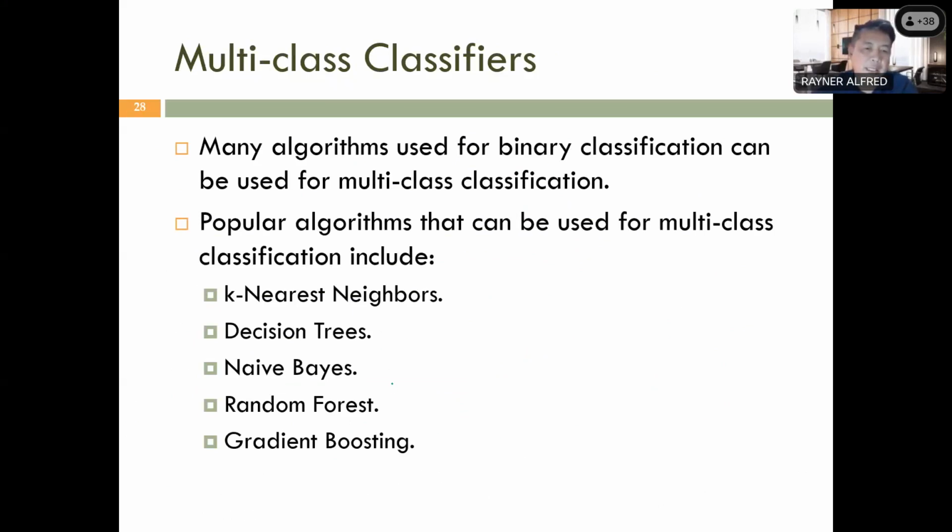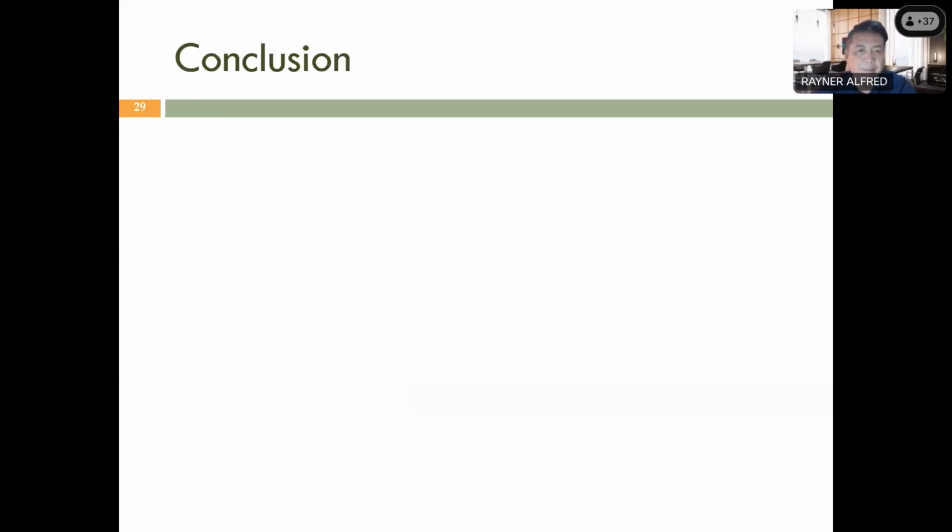Random forest is designed based on the decision tree, and then gradient boosting. We will learn this one in ensemble. So these are the multi-class classifiers. Of course, we have many, like deep learning also can be used to classify multi-class data.